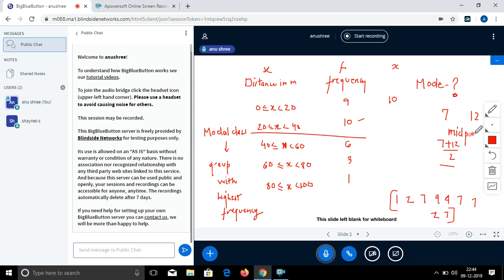This is the way of calculating midpoint: whatever numbers you have to calculate the midpoint for, add them together and divide by 2. Calculate the midpoint of 20 and 40 and tell me. 30, yes.